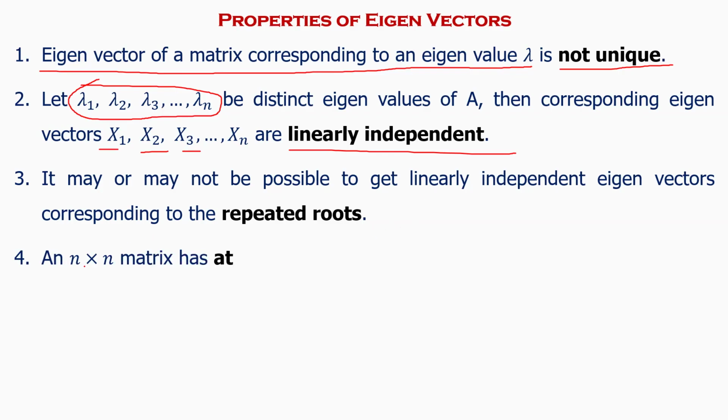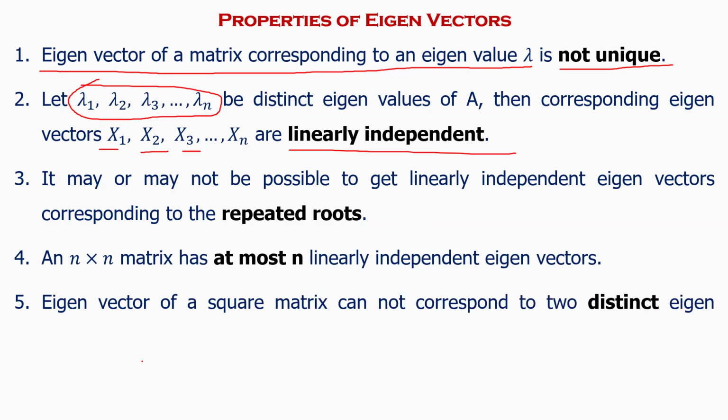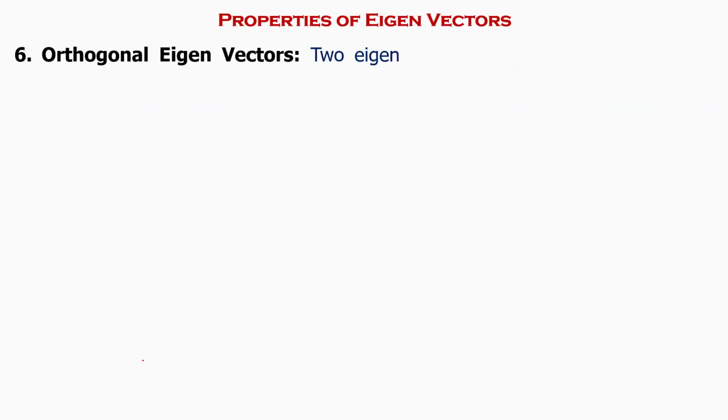An n by n matrix has at most n linearly independent eigenvectors. Property number 5: an eigenvector of a square matrix cannot correspond to two distinct eigenvalues. Property number 6: orthogonal eigenvectors.